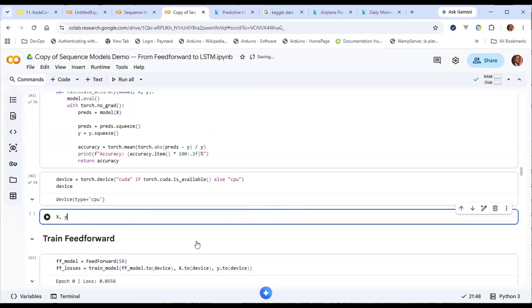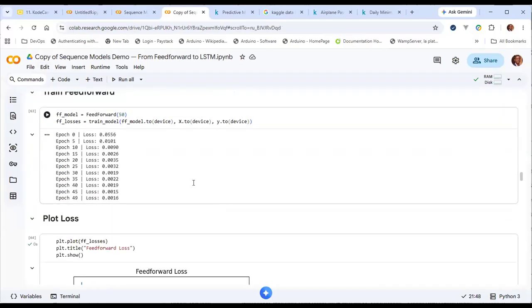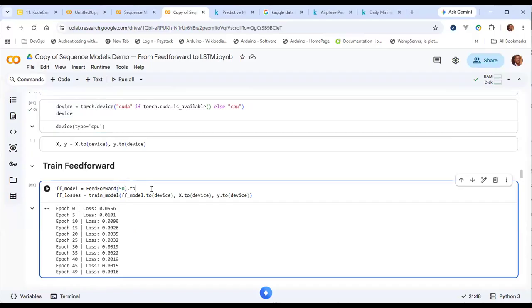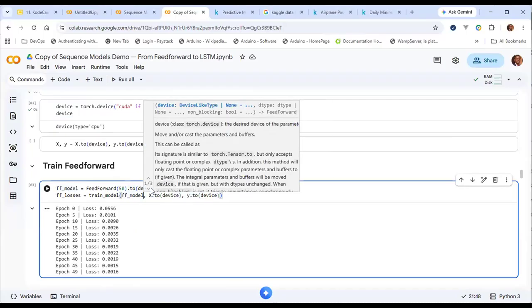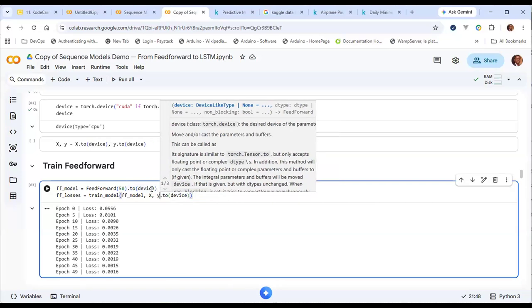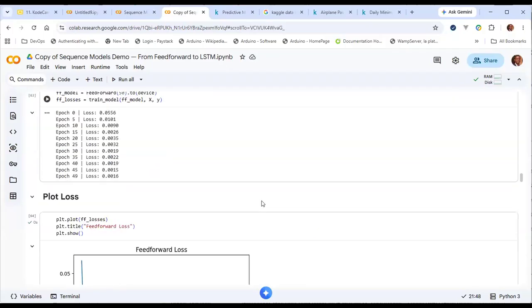So X, Y equals X to device and Y to device. So with that, we don't need to have the device here.